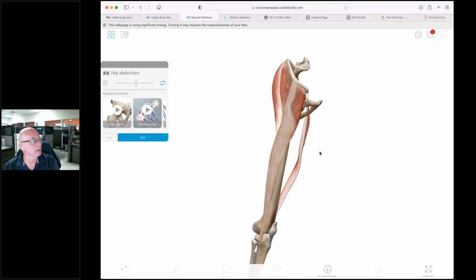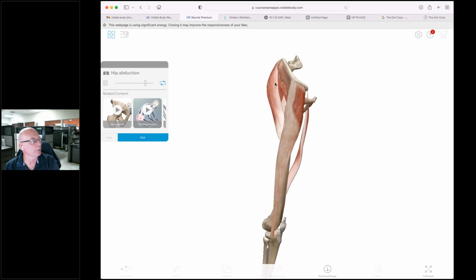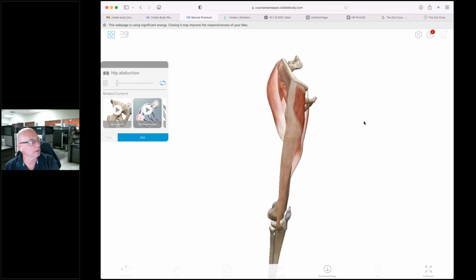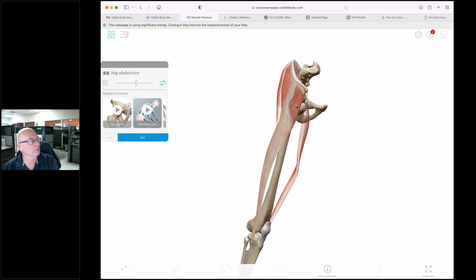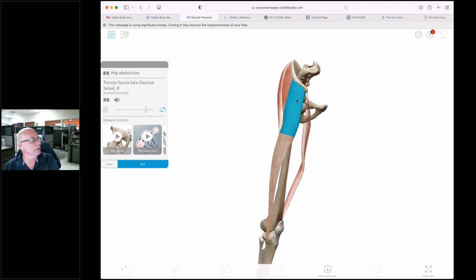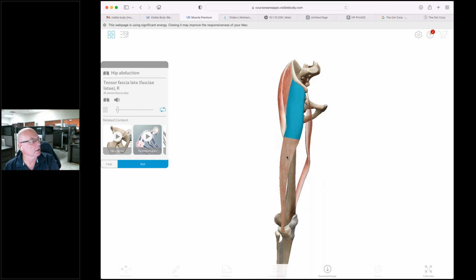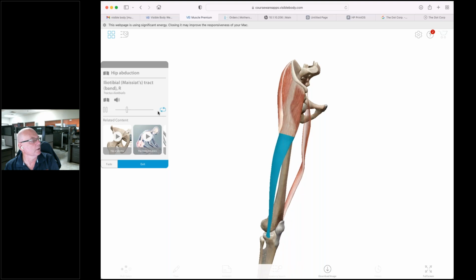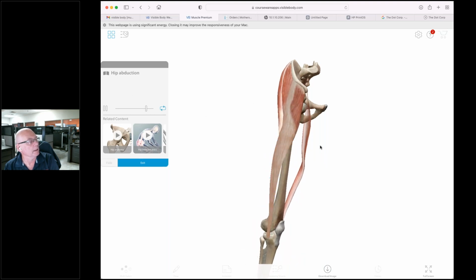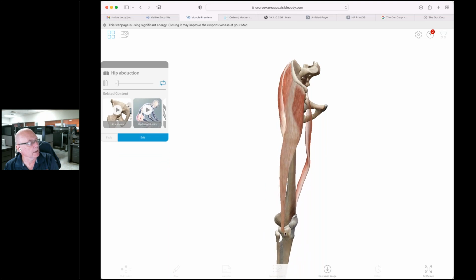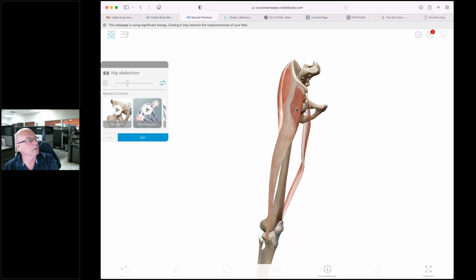All right, and here is the iliotibial tract, along with gluteus maximus. It shows sartorius here, which we haven't gone over yet, but this is really the tensor fascia latae, also obviously going down to the iliotibial tract. You can see it coming down to where he was talking about.